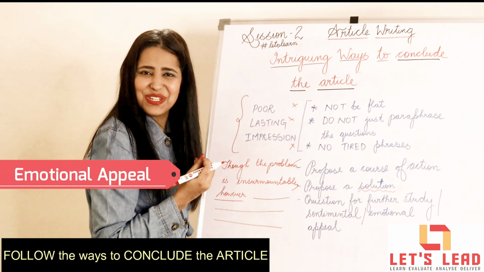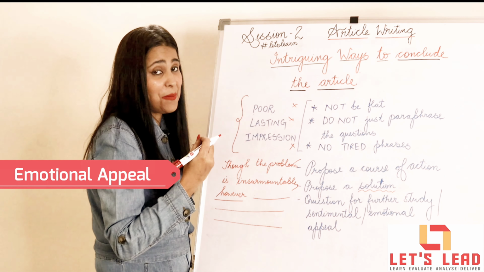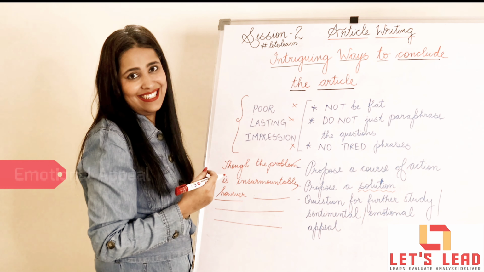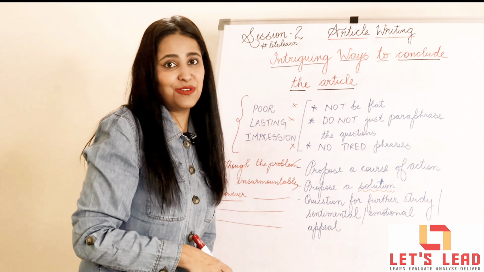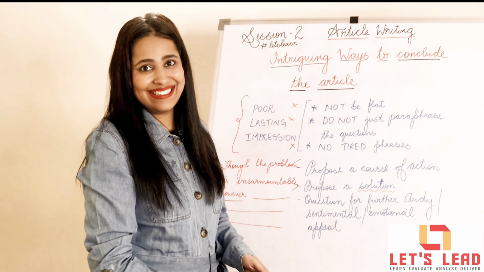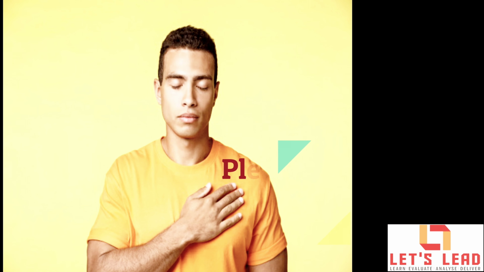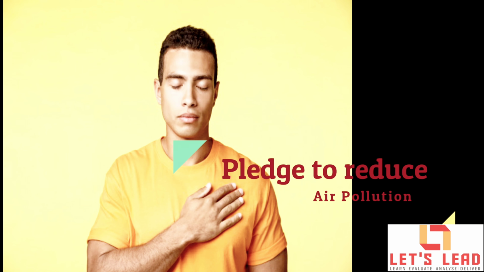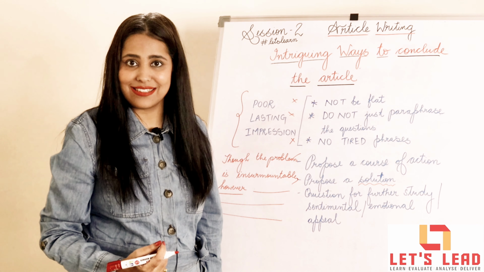It could be a sentimental, emotional appeal from your side. Well, hear me out for an emotional appeal. Why not to take a pledge to save 1 million lives a year by 2050 through reducing air pollution alone? What happened by this?